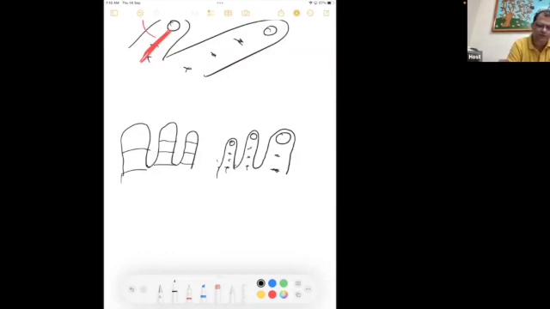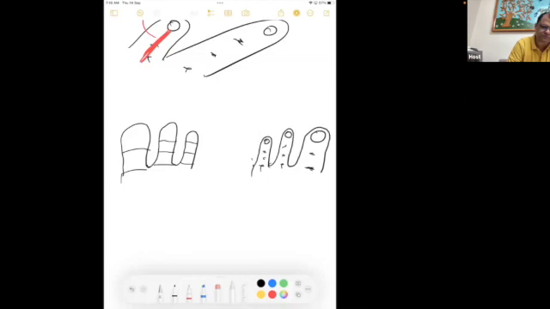So here I have just drawn only two toes here, right?